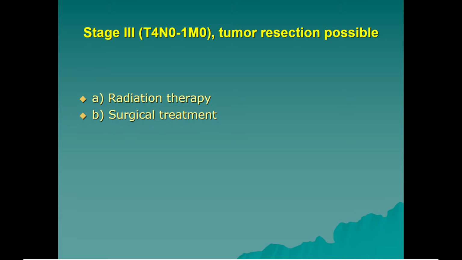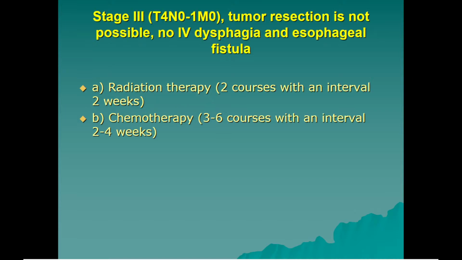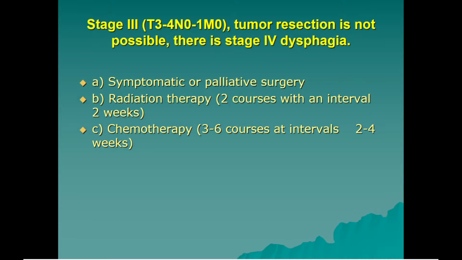Stage 3, tumor resection possible: radiation therapy, surgical treatment. Stage 3, tumor resection is not possible, no dysphagia and esophageal fistula: radiation therapy, 2 courses with an interval of 2 weeks, chemotherapy, 3 to 6 courses with an interval of 2 to 4 weeks.